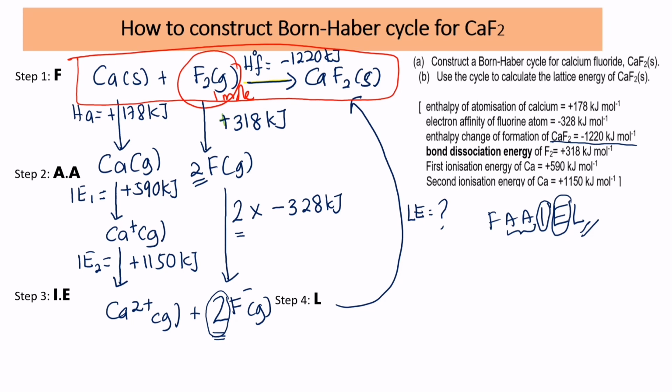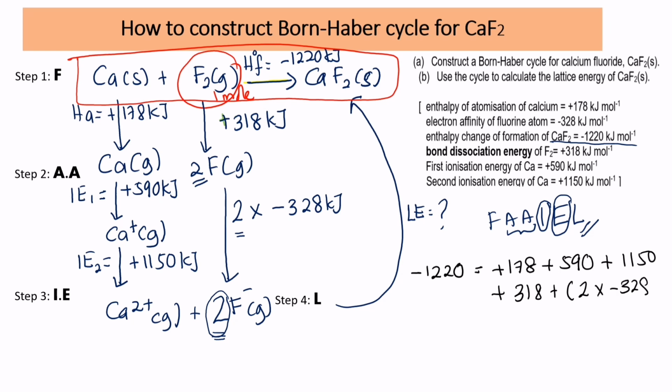So negative 1220 is equal to positive 178 plus 590 plus 1150 plus 318 plus 2 times negative 328 plus lattice energy. So we can calculate the lattice energy, which is equal to negative 2800 kilojoules per mole. That's all for today. Thank you.